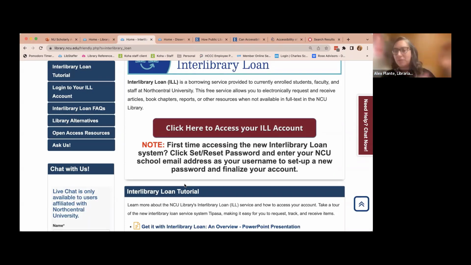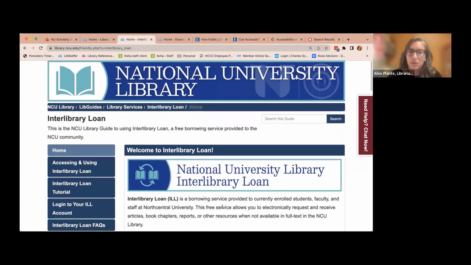Every student has an account. You just have to turn it on. When you need to request something, you will be prompted on our website to create a ticket. And if you're not, come on to chat. We have our little chat icon off to the side here. Just say, hey, how do I request something? And we'll walk you through it.